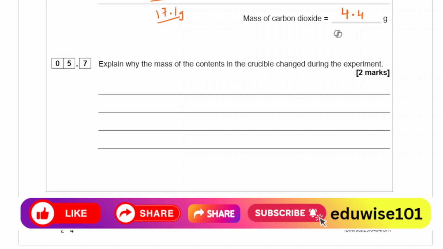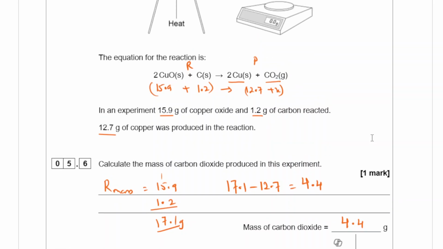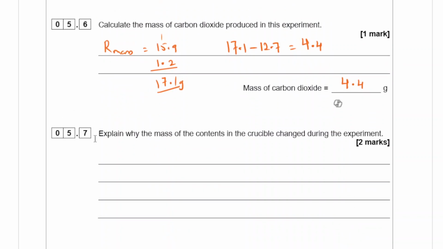Explain why the mass of the contents in the crucible changed during the experiment. Now, what happened to the mass of the crucible? It actually went from 17.1 to 12.4. So the mass decreased. Right?